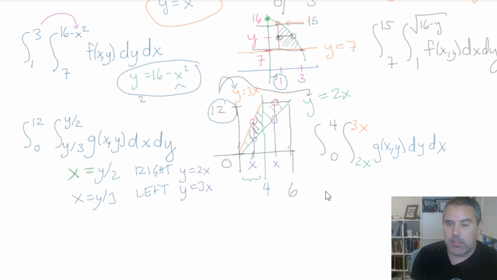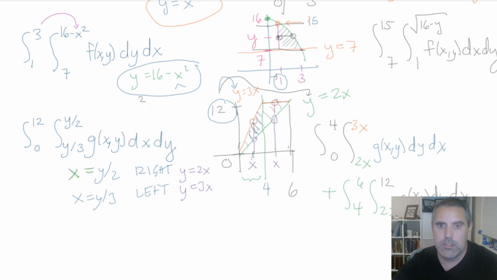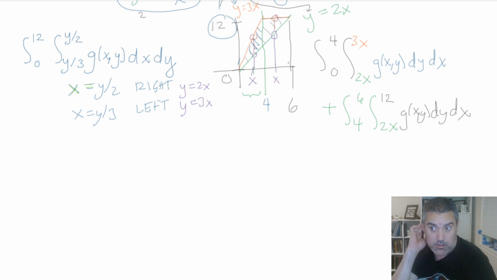And then separately, we're going to add the integral from 4 to 6. The bottom is still 2x, but the top is now whatever this horizontal line is. That horizontal line is y equals 12.